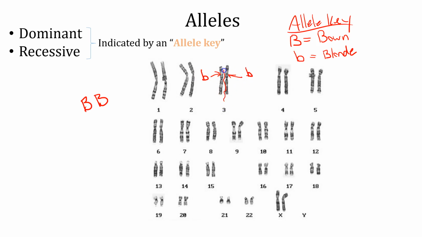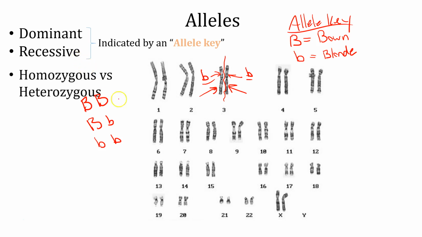So this chromosome which came from the sperm and this chromosome that came from the egg, when the process of meiosis occurred, this sperm got the little b and this egg got the little b. Okay, so you could be big B, big B, big B, little b, or little b, little b. Those are the combinations for any one of these traits when we're talking about just one trait and there only being two alleles, a dominant allele and a recessive allele.